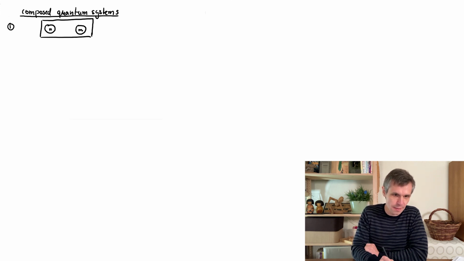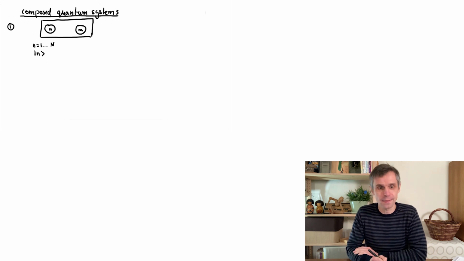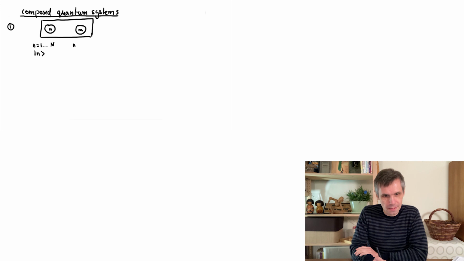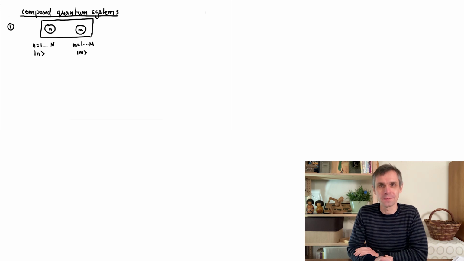Let us assume that the index n is running from 1 to capital N, and so this is the index of certain basis states, say an orthonormal basis. And similarly, we have this index m for the second part of our quantum system, and this is running until capital M, and again this enumerates states for this part of the quantum system.